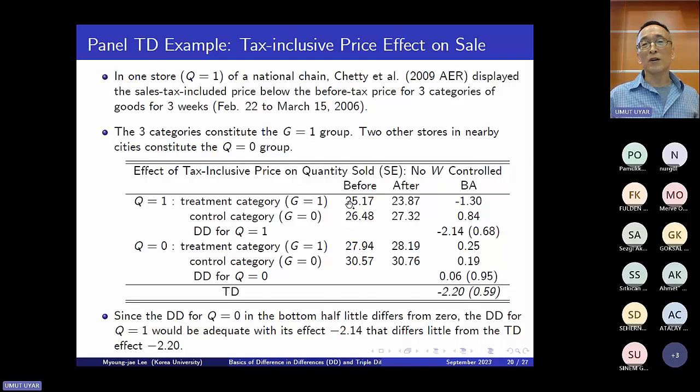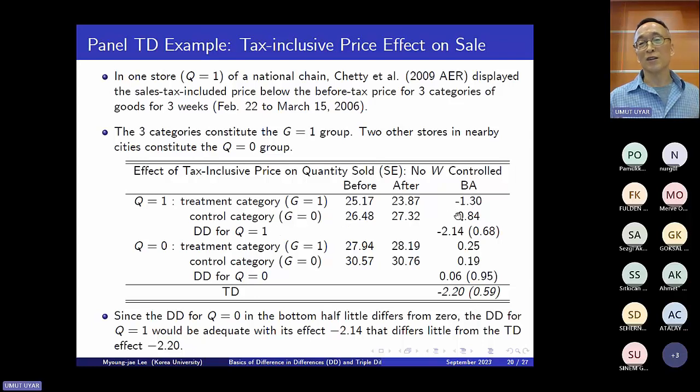So they compared sales quantity before and after. I think for this treatment category, this tax included price is displayed for 3 weeks near the end of February to mid-March in 2006. If you compare the sales before and after, this treated category sales actually declined.